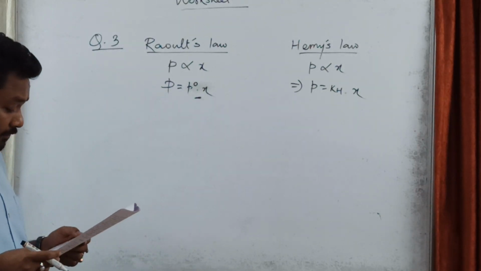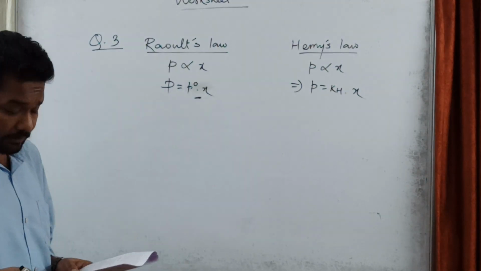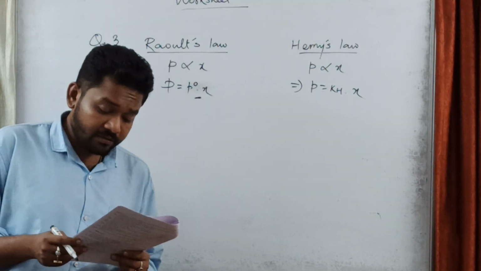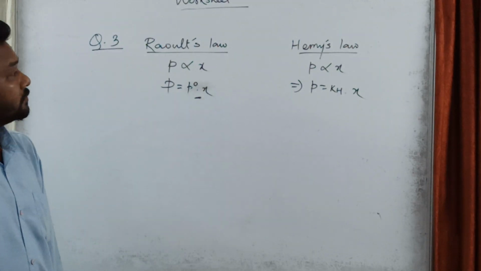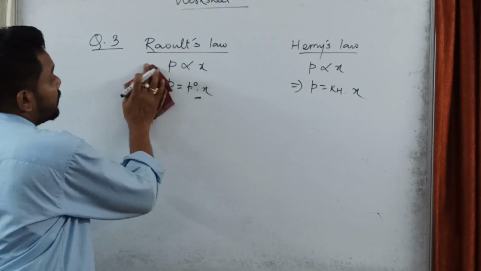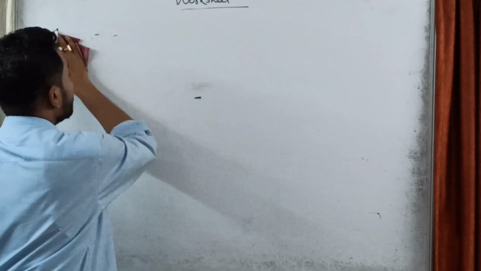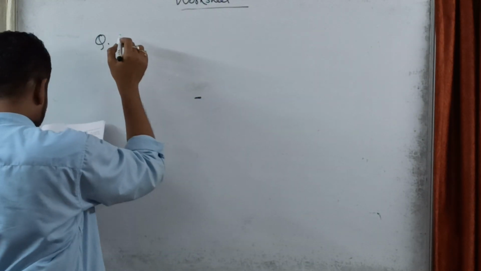Then the next one: define an ideal solution. It is already done. Ideal solutions are those solutions which follow Raoult's law, and write one of its characteristics. So the ideal solution is the solution which follows Raoult's law. Question number 4, I guess.